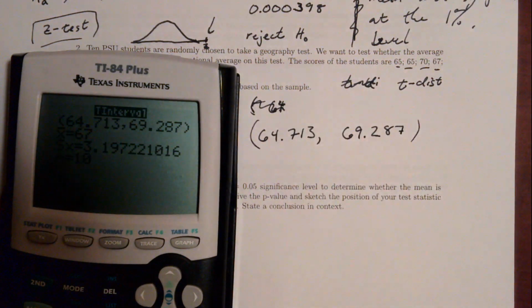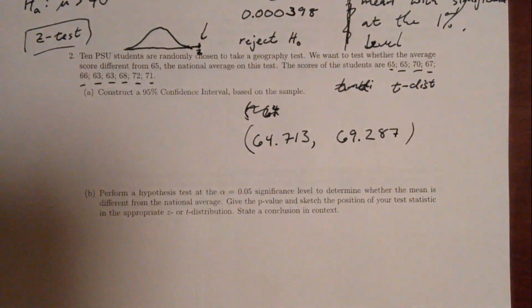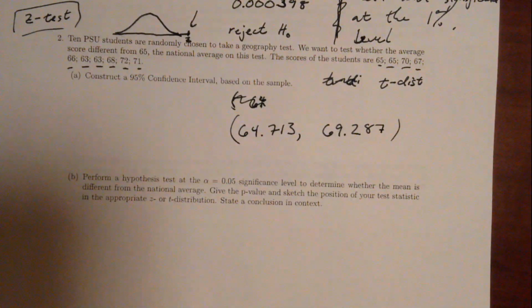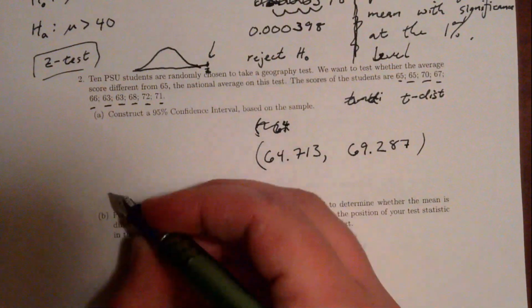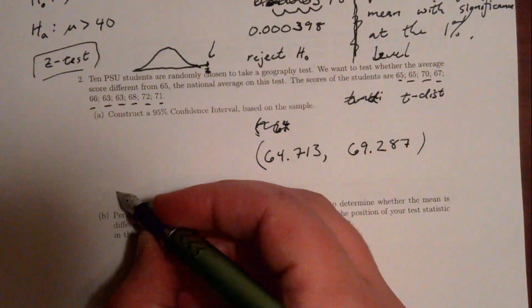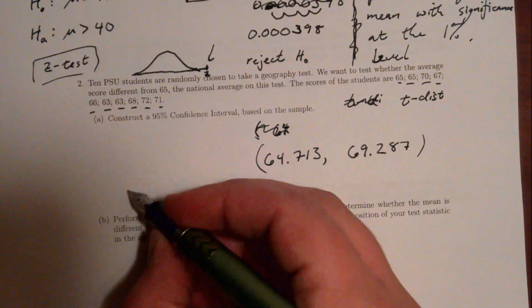Okay, so with 95% confidence, we can say that the mean score of a PSU student is somewhere between here and here. So if I wanted to give a sentence that interprets that, that is the sentence I would give.